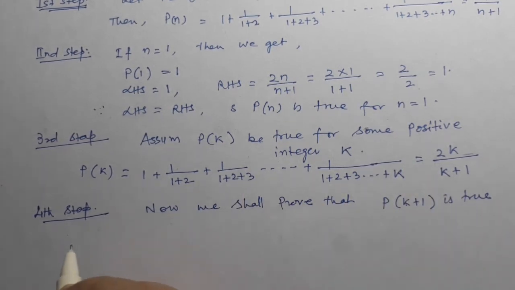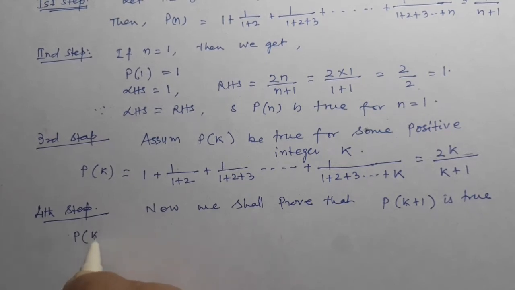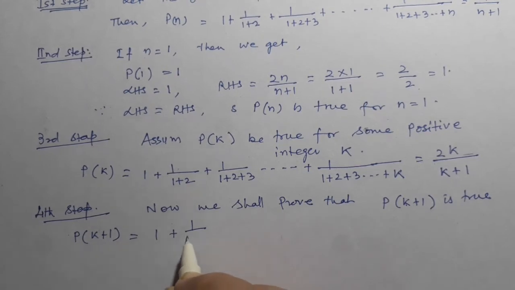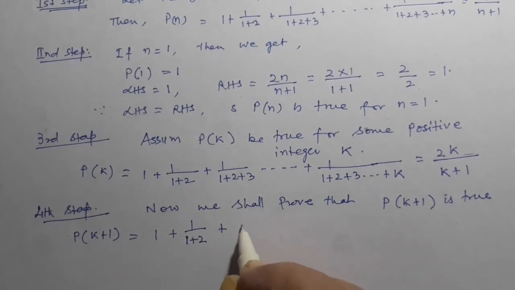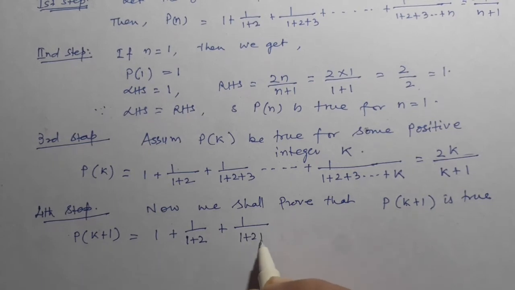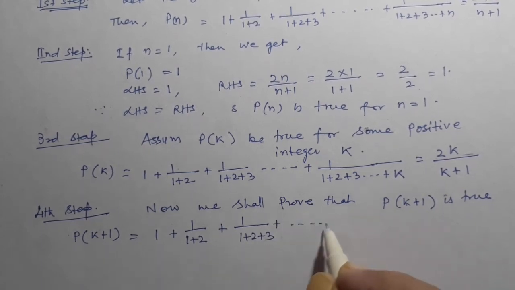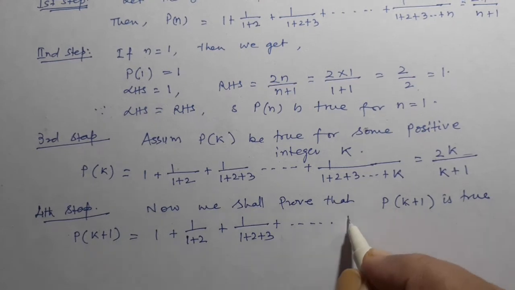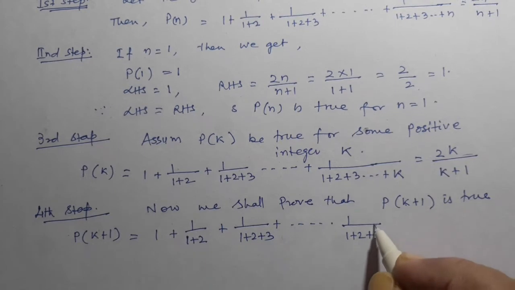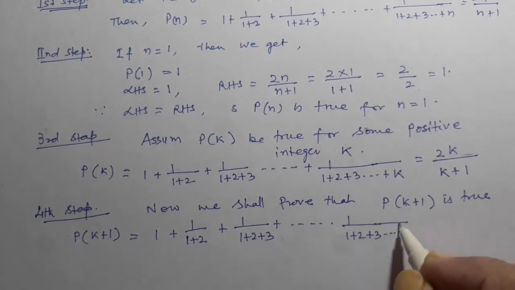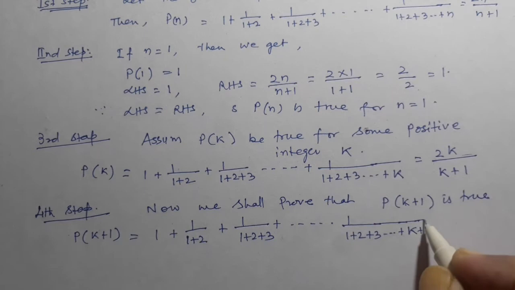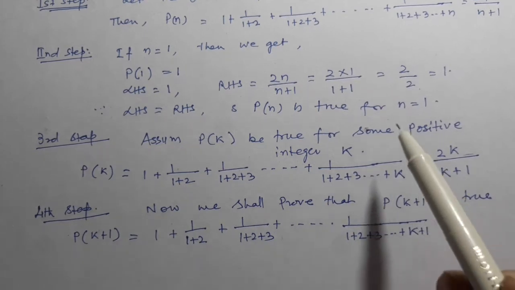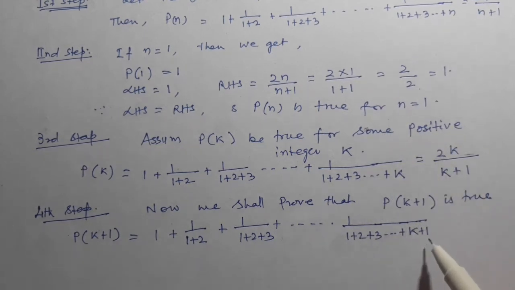So now P(k plus 1), we shall write 1 plus 1 by (1 plus 2) plus 1 by (1 plus 2 plus 3) plus dot dot, 1 by (1 plus 2 plus 3 dot dot plus k plus 1), right? So in the place of n we are writing k plus 1 now.